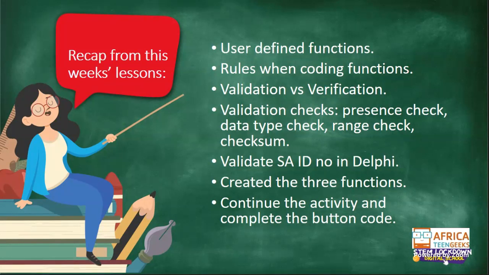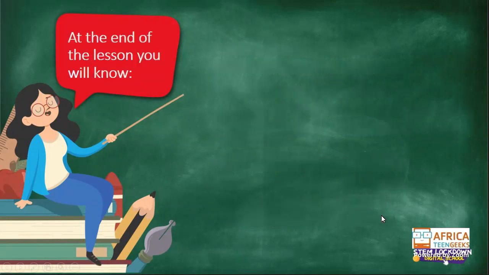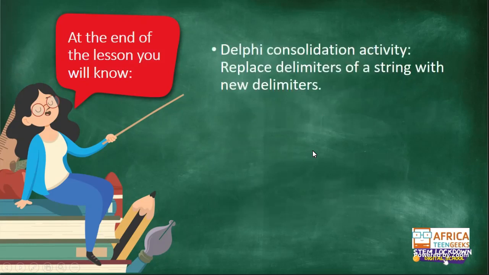And we use the last digit of this long number to verify against an algorithm that we apply on digits 1 to, let's call it, length -1. And we went on, we validated the SAID in Delphi. So you can go back to those lessons if you've missed them. And we created 3 functions. We continued on from there.